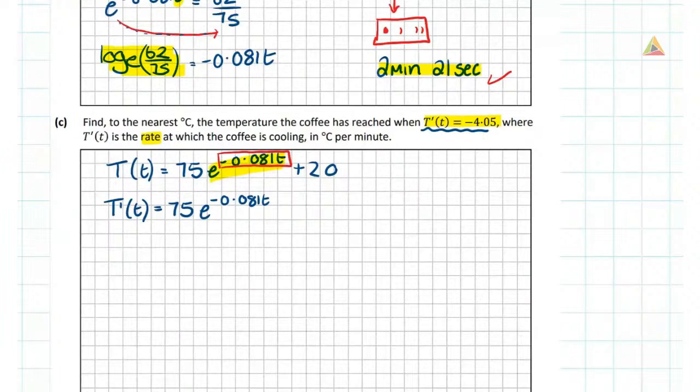So when we differentiate what's in the red box, we're getting minus 0.081. So just to color code it for you, I've differentiated what's in the red box up here, and that's where that part is coming from. And that's from the chain rule. And also when you differentiate the plus 20, that goes to 0.